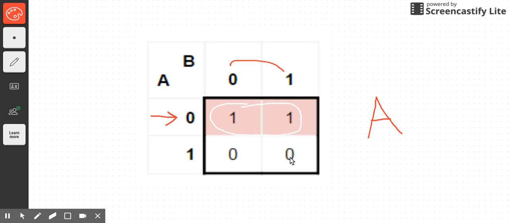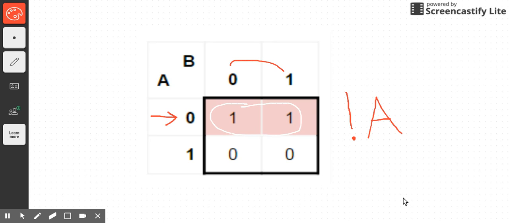Well, remember when B was always 1, we just wrote a B. So we would think that if A is always 1, we would just write an A. Well, here A is always 0. It's the opposite. And if we think back to our logic gates, the opposite was given by a not gate, so an exclamation mark.